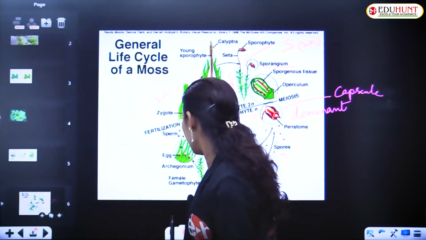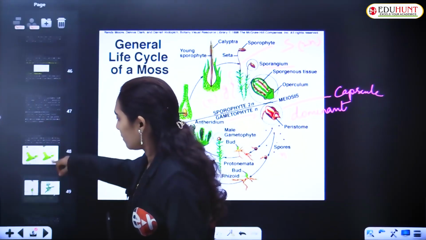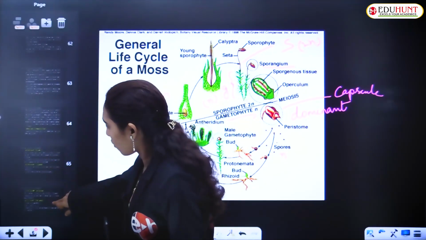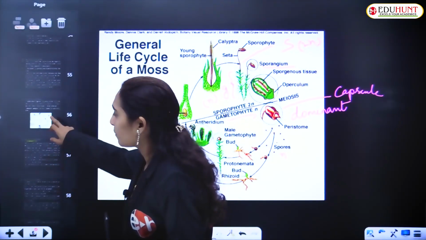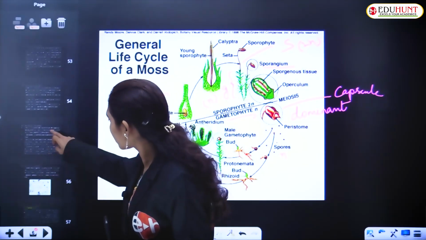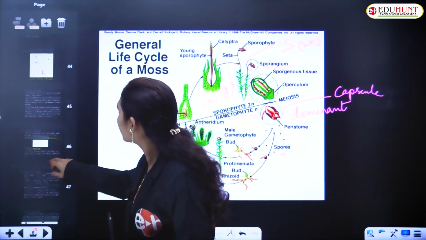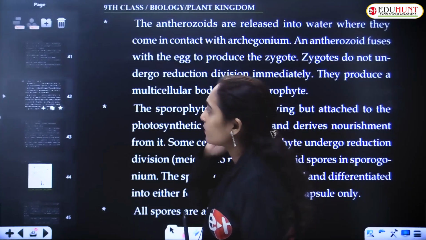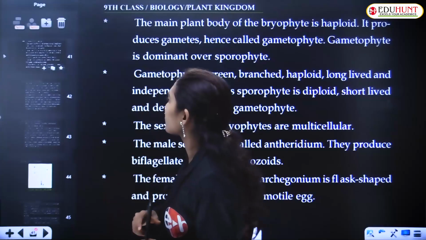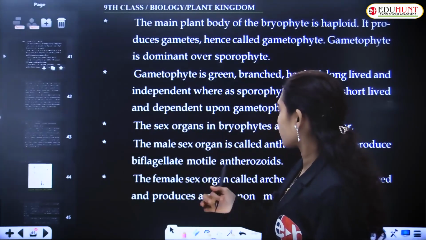Let's see the remaining features of the bryophytes. In the previous session we discussed the gametophytic phase and the sporophytic phase.